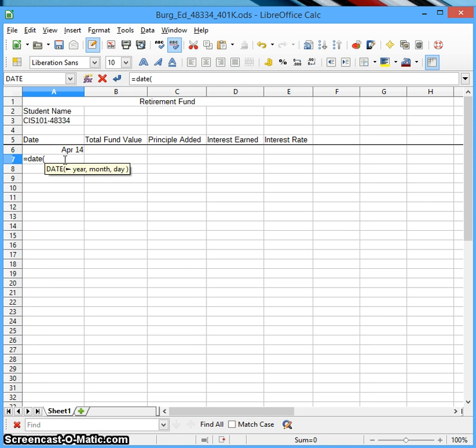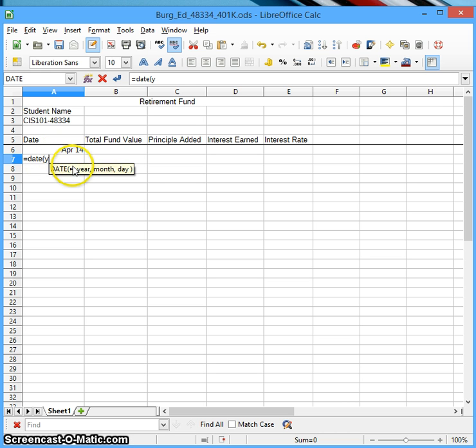All the functions, like all the formulas, start with the equal sign. With the equal DATE function, it's in parentheses, and you have to provide a year, a month, and a day. We're talking about the year, the month, and the day of the cell above it up here in A6.